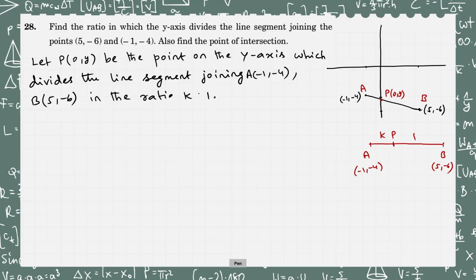Every sum, the disclaimers must be given. After this we can apply the section formula, of course.